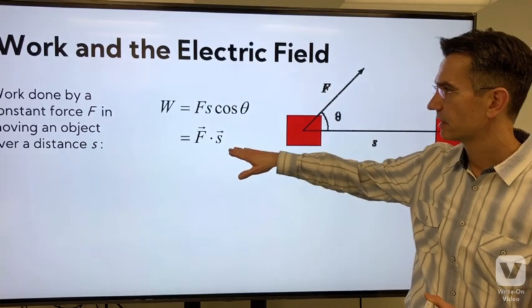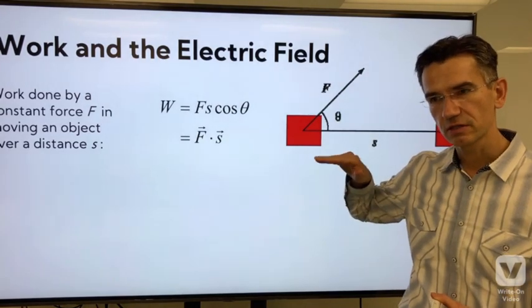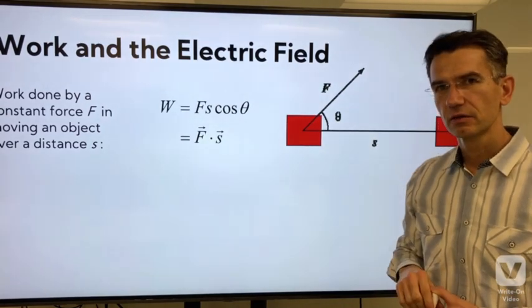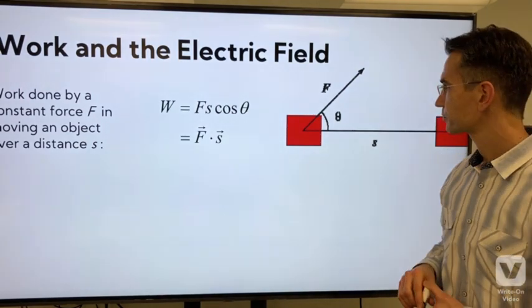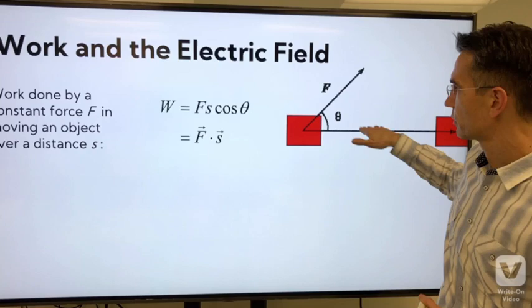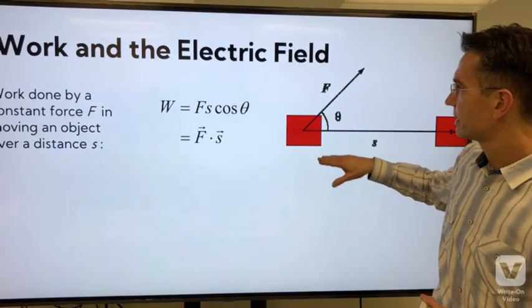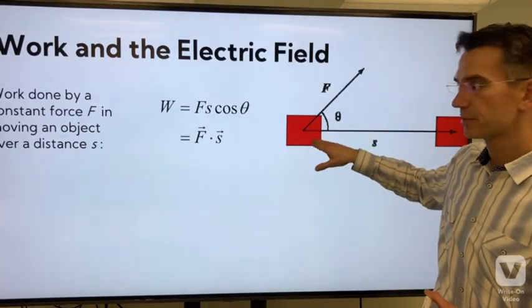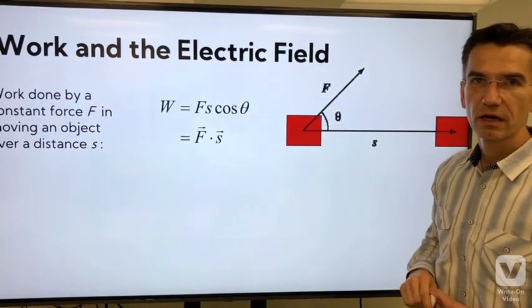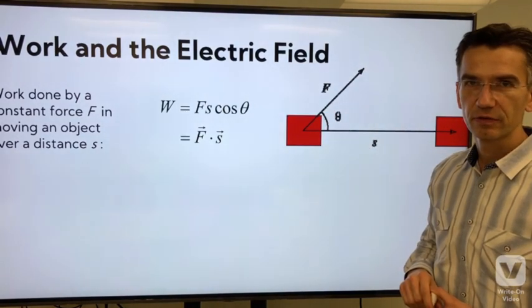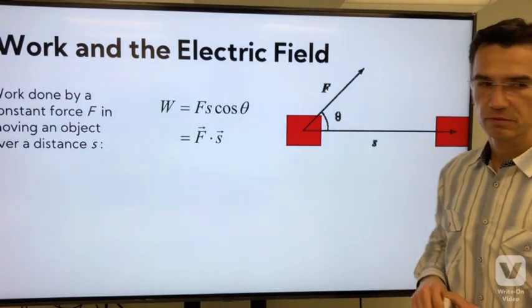That is, if the motion is along a constant direction, not necessarily the force and the motion are in the same direction. In general, the force and the motion will be in different directions, but the amount of work done by the force to move the object from here to here is the force times the cosine of the angle subtended with the direction of the motion, times the distance moved.